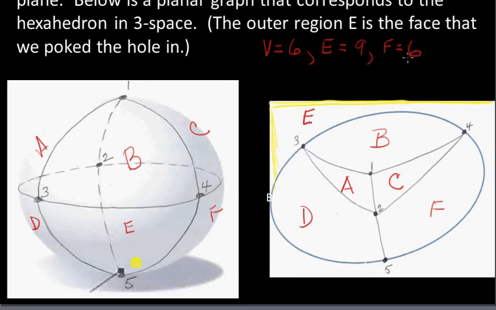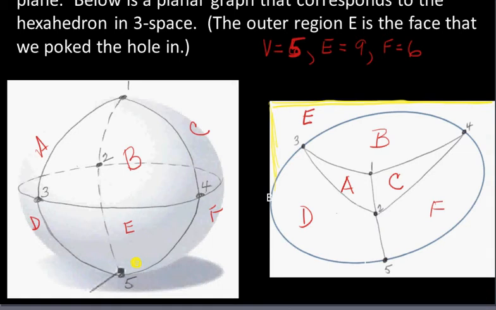Whoops, I miscounted there. Sorry about that. I'm not going to do the whole thing over. The vertices were 5. Go back and look at the hexahedron. You'll see vertices were 5, edges were 9, faces were 6, and so V plus F is 11 minus 9 is 2.